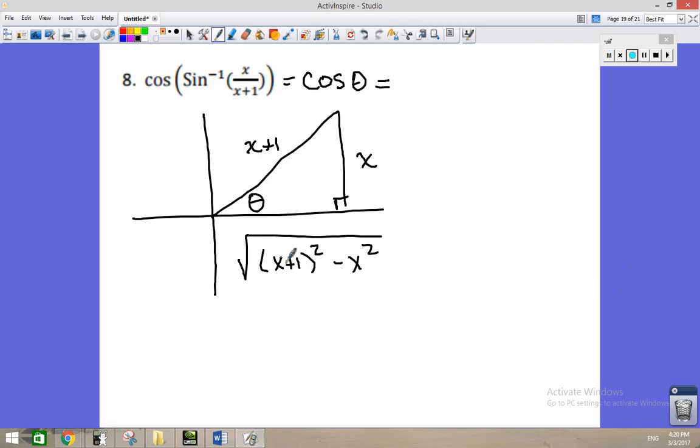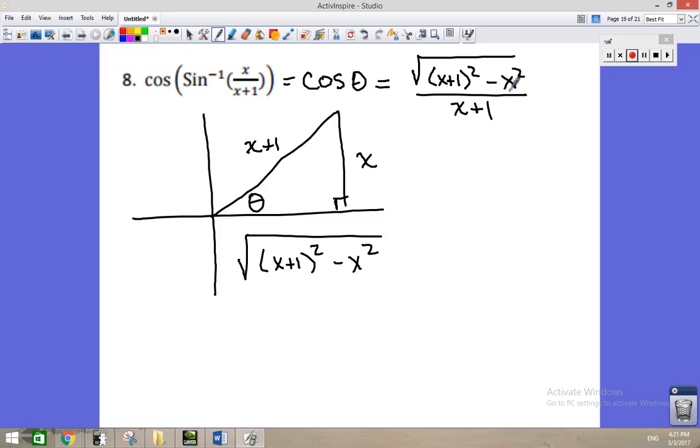Now, I suppose some people might square that out, and then just because the x squareds cancel, but since we've been leaving it alone so far, I'm just going to leave it like that. Alright, so the cosine is the adjacent leg over the hypotenuse. I don't think anything would cancel, but we can check.